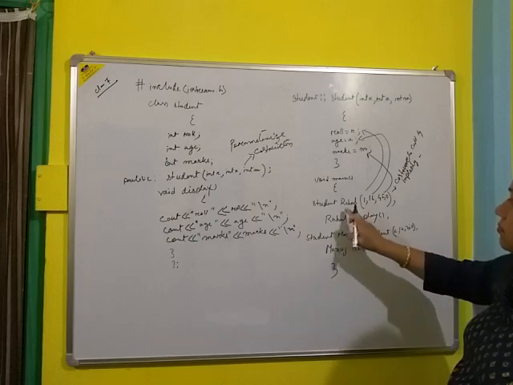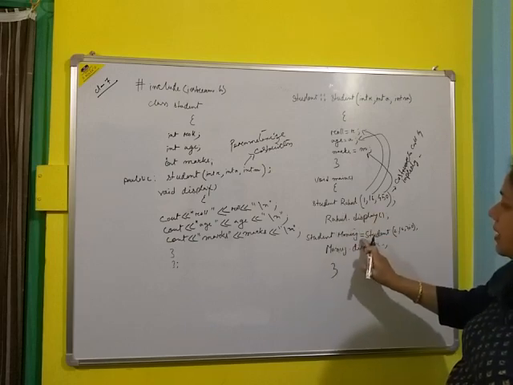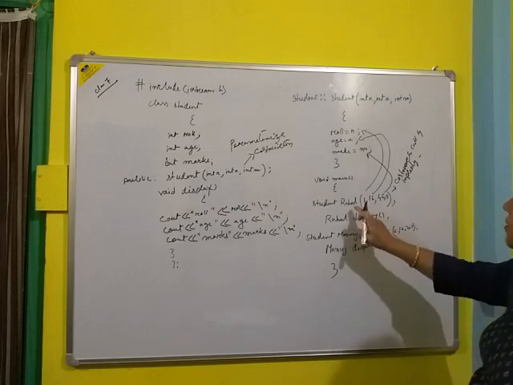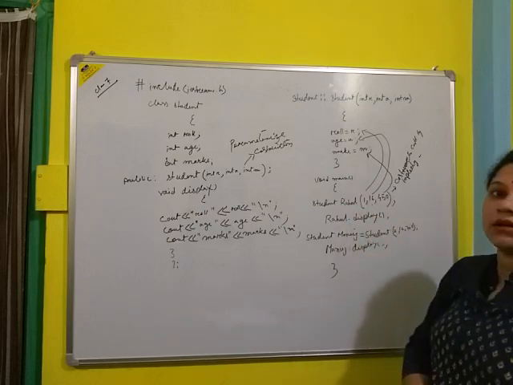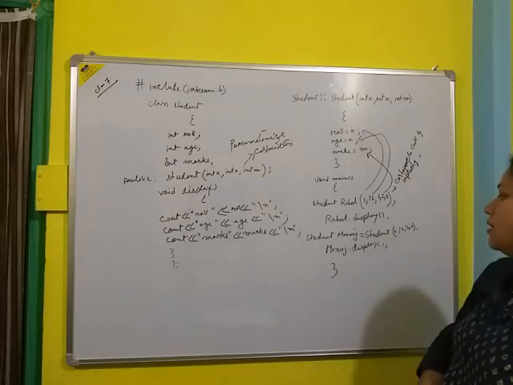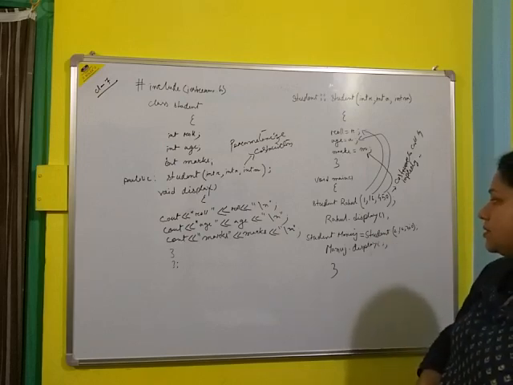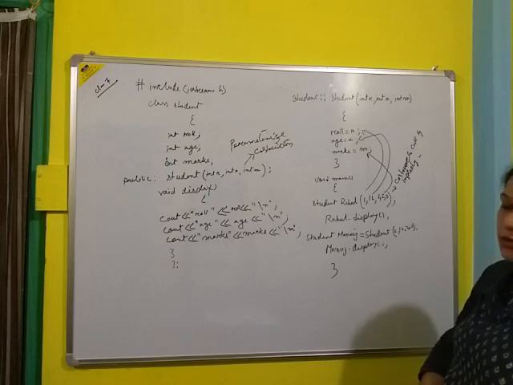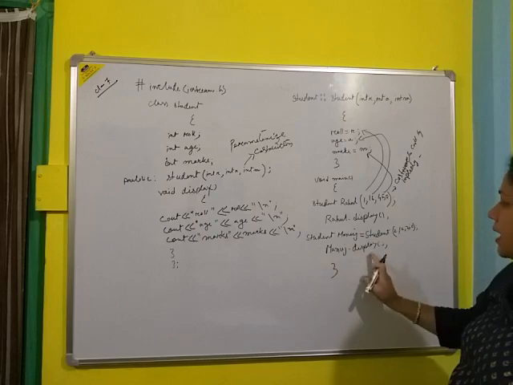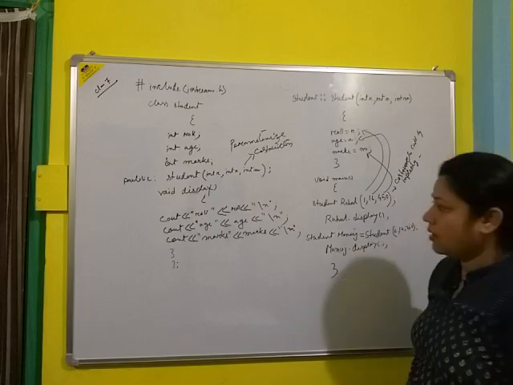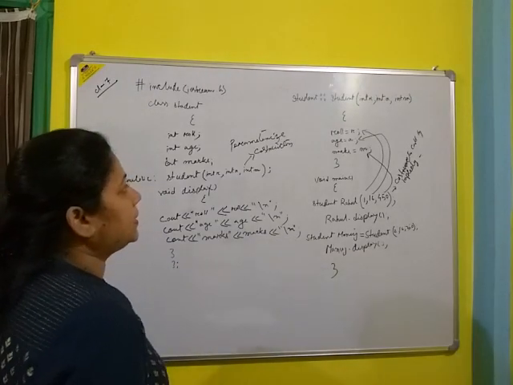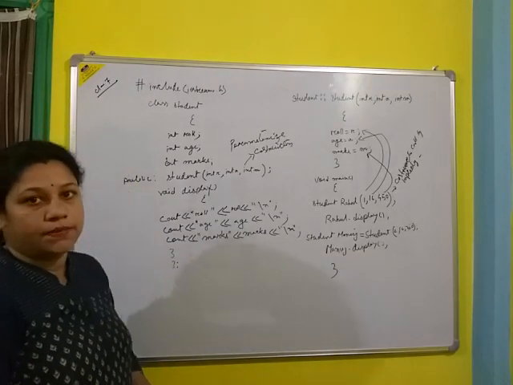Actually, the difference is the use of the equal symbol. We do not use the equal symbol when you call the parameterized constructor implicitly, and when you call the parameterized constructor explicitly, you use the equal symbol. And again, I call the display function. So this is a complete program that demonstrates the use of a parameterized constructor.